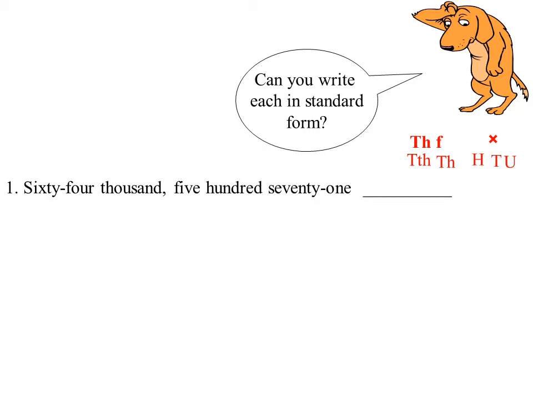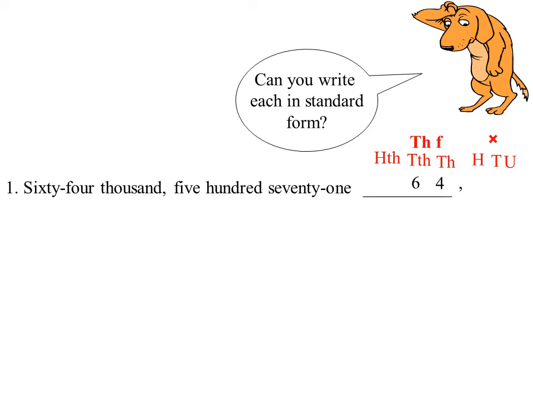We write 119, then put the comma, 611. Number 3, 832,963. We write 832, put the comma, 963.